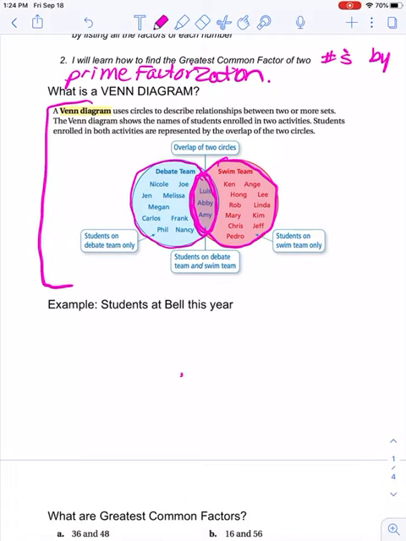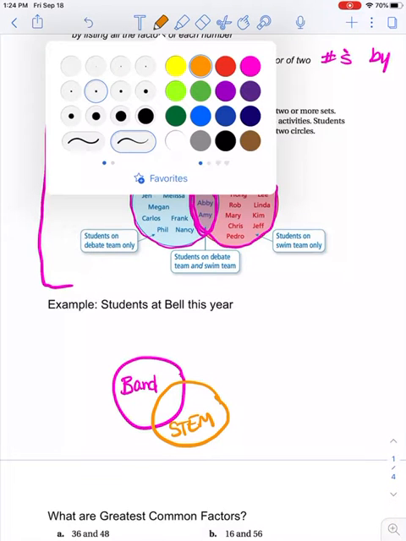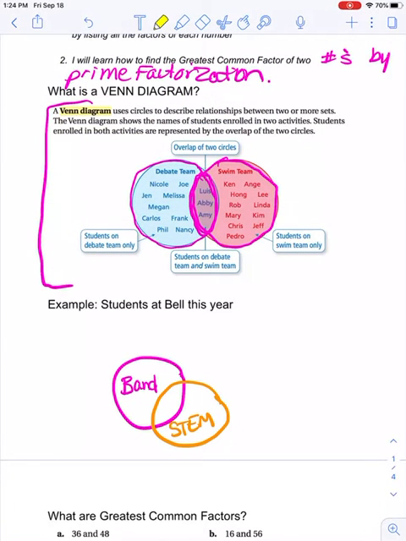Another example of kids here at Bell. So there could be some kids that have band, right? You might have band. Then there could be some kids that have STEM, or they have engineering as their elective, right? And to be honest, there could be some other kids that have FACS, family and consumer studies, as their elective.